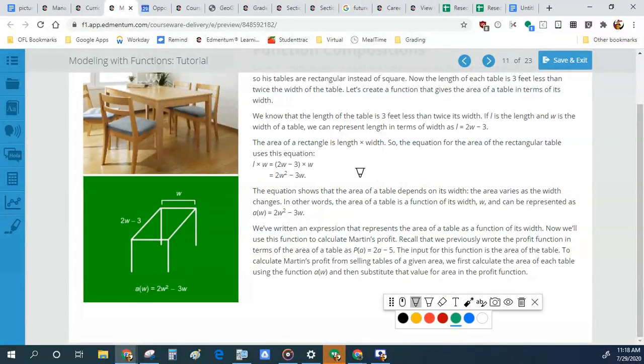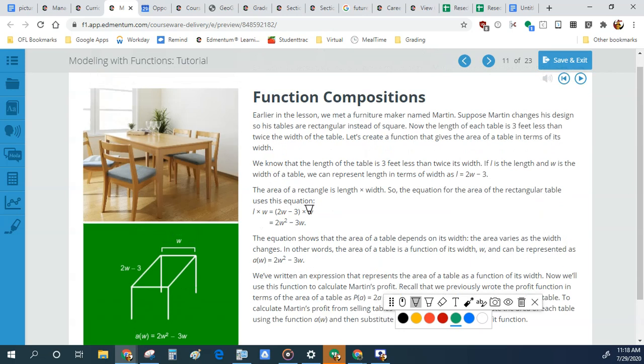So, video section. This next one is just talking about that length times width thing we were discussing. If area equals length times width, we can use functions to make it easier. The width will stay the same because it has no change in criteria, but the length equals 3 less than twice the width.